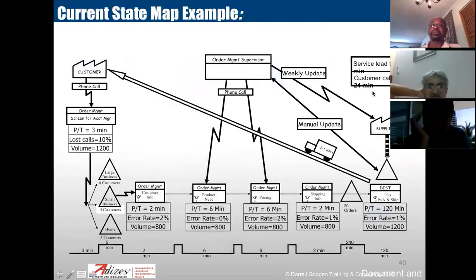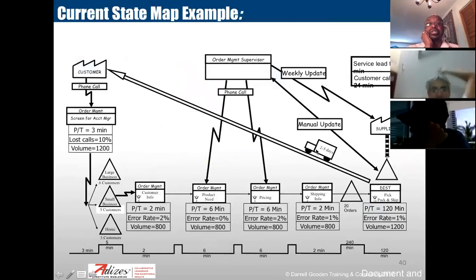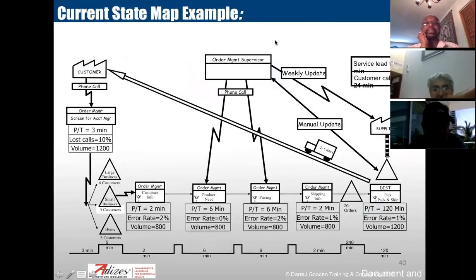Here is a typical current state map. Now, here's what I want to point out to you. In a Lean map, you could use any kind of little illustrations you want to make the thing clear. This is obviously saying we're sending a truck to this customer here, right? But here's the key point about this slide. At the top of the slide, you have database kinds of things, database resources, electronic.